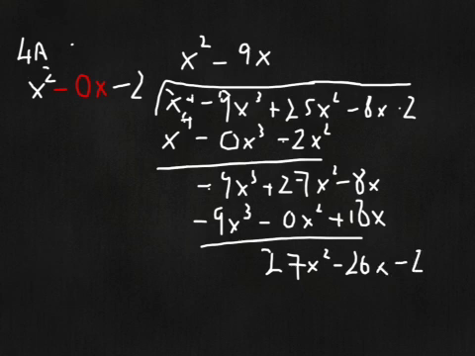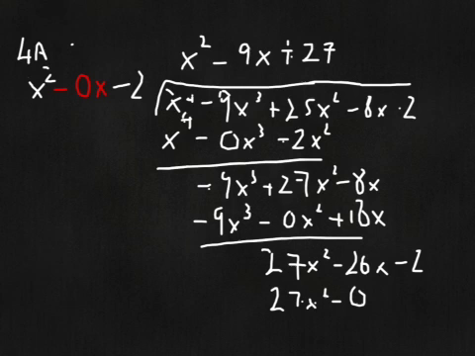Now 27x squared, how many times does x squared go into that? And the answer is plus 27. So it's a bit hard to write with this pen. So x squared times 27 is 27x squared. And then minus 0x times 27 is 0.